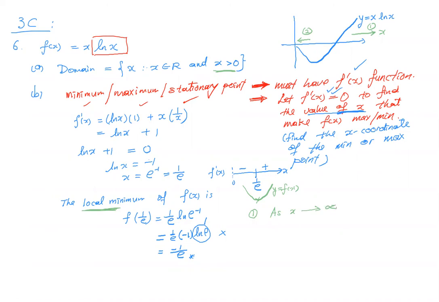Can you tell me what happened to ln x? I think it will be very big as well, right? What happens to my f x, which is a very big number times another very big number? It will approach infinity. So it never comes down. From the sign diagram, it is increasing, it always goes up.